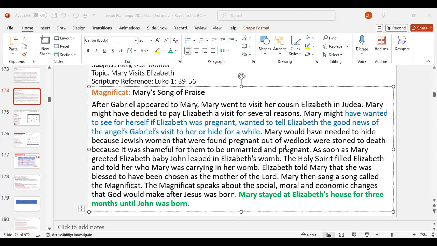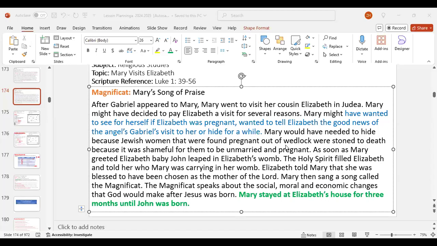As soon as Mary greeted Elizabeth, baby John leaped in Elizabeth's womb. The Holy Spirit filled Elizabeth and told her who Mary was carrying in her womb. Elizabeth told Mary that she was blessed to have been chosen as the mother of the Lord.